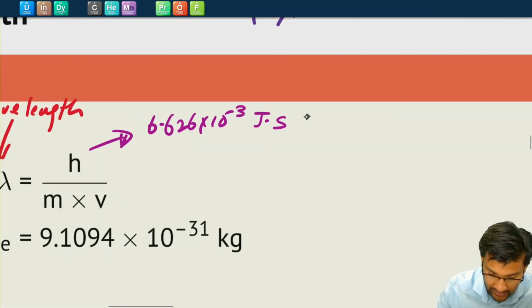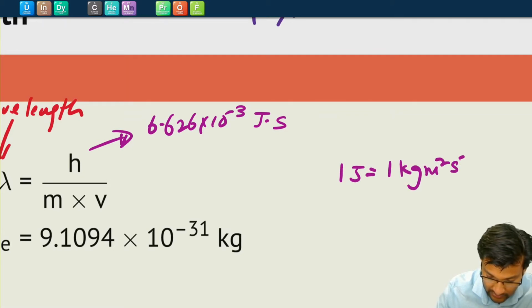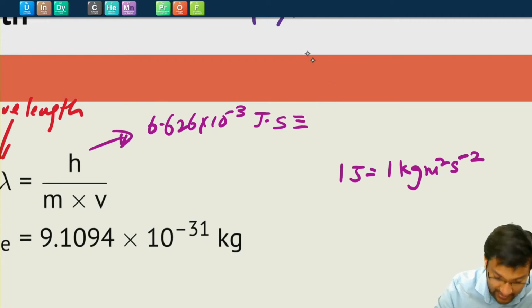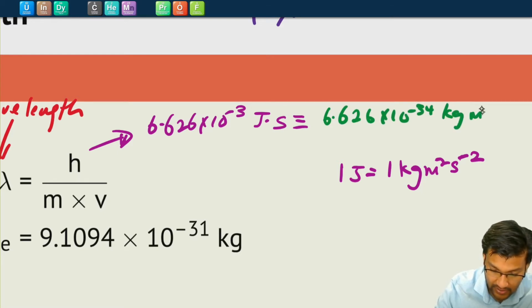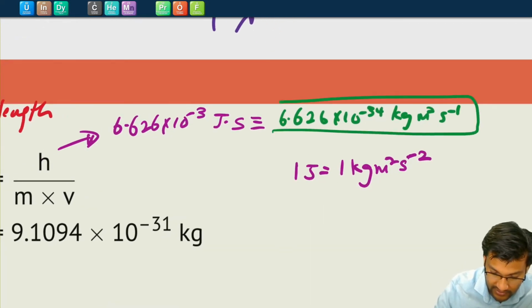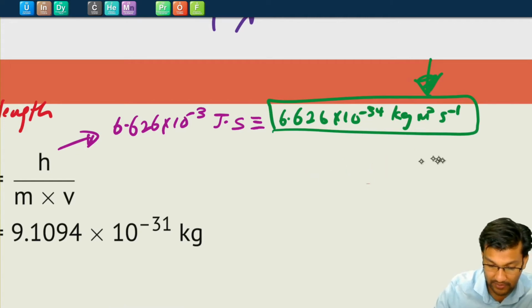Or you can write, remember, 1 joule as 1 kilogram meter squared per second squared. So you can write this similarly as 6.626 by 10 to the minus 34 kilogram meter squared per second to the first power. And these units will come in useful when we want to cancel out using mass.